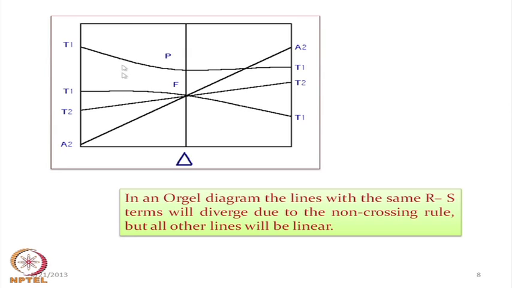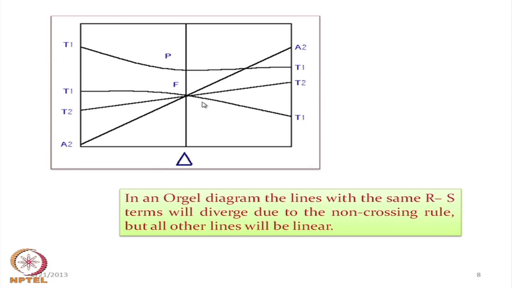So, these two are deviating from linearity because we have the T1 term. The lines for T1, one is originating from the P term and another from the F term. They diverge due to the non-crossing rule because they will not cross. They repel each other and just diverge.